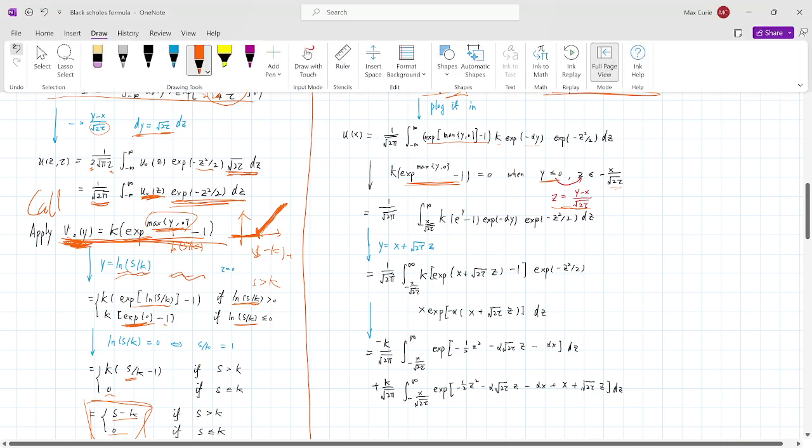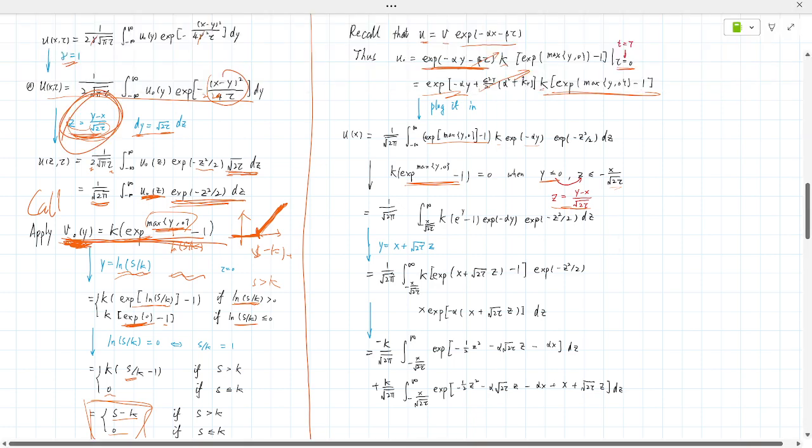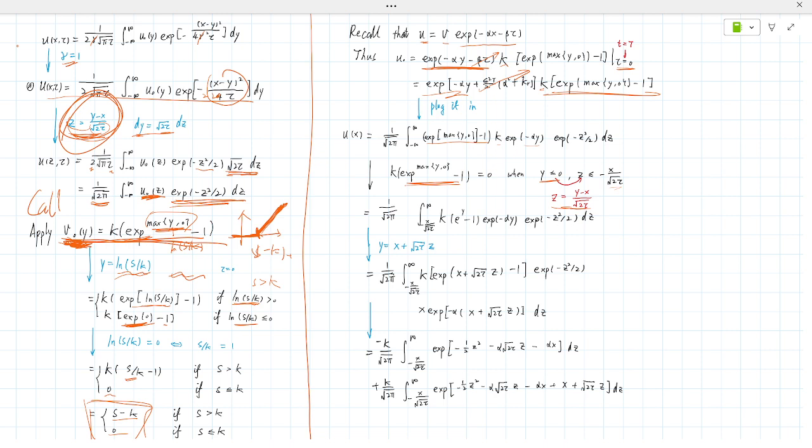So this maximum condition goes away by adding the boundary. Instead of negative infinity, it becomes negative x over 2 square root 2 tau.